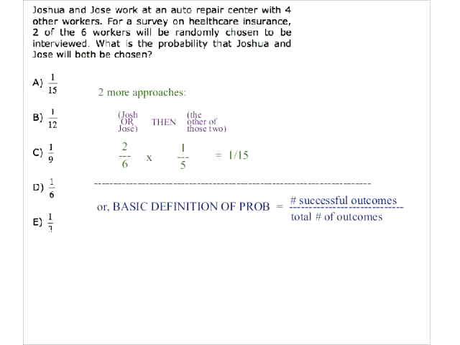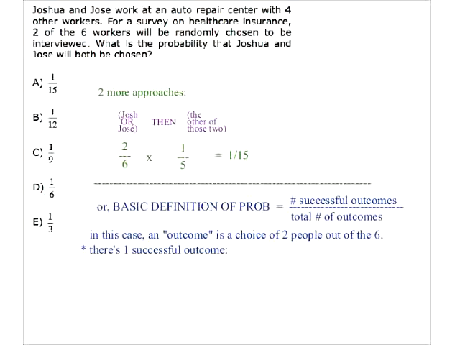In this case, an outcome is a choice of 2 people out of the 6. So there's only one successful outcome, namely, you pick Joshua and Jose.